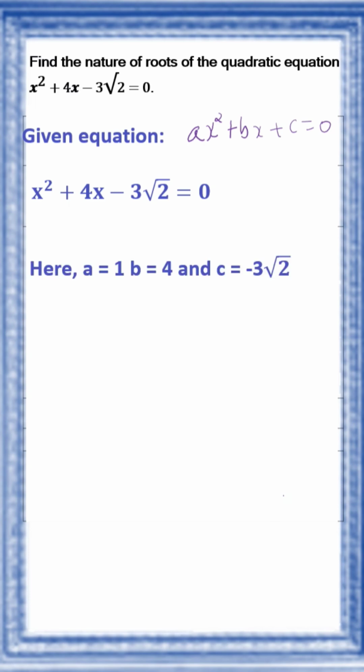We are asked to find the nature of the roots of the quadratic equation, which depends on the discriminant D, which is equal to b square minus 4ac. If it is equal to 0, then the roots are equal real roots.